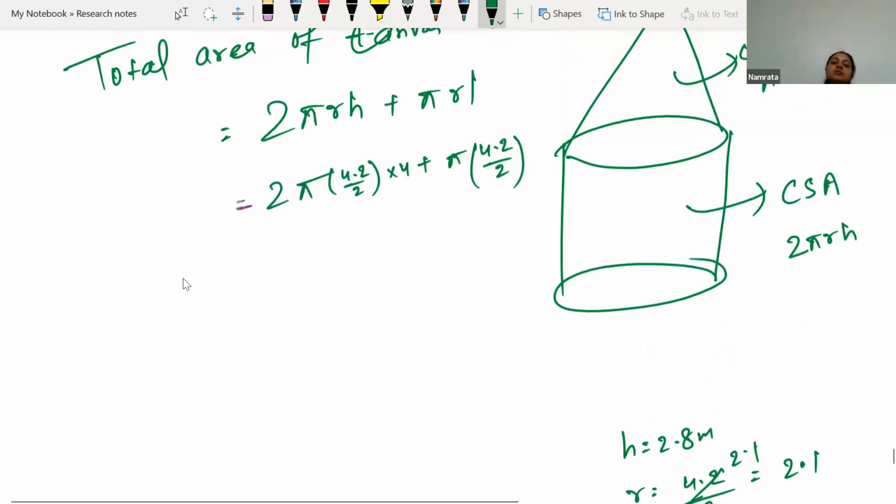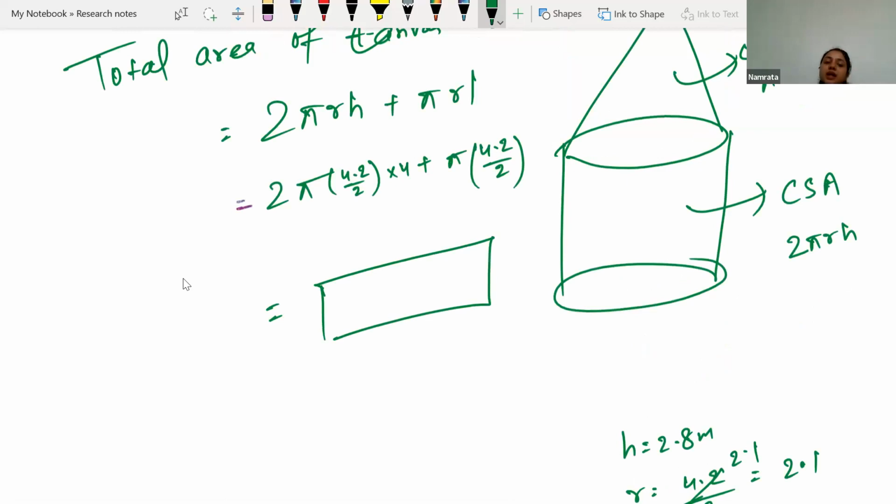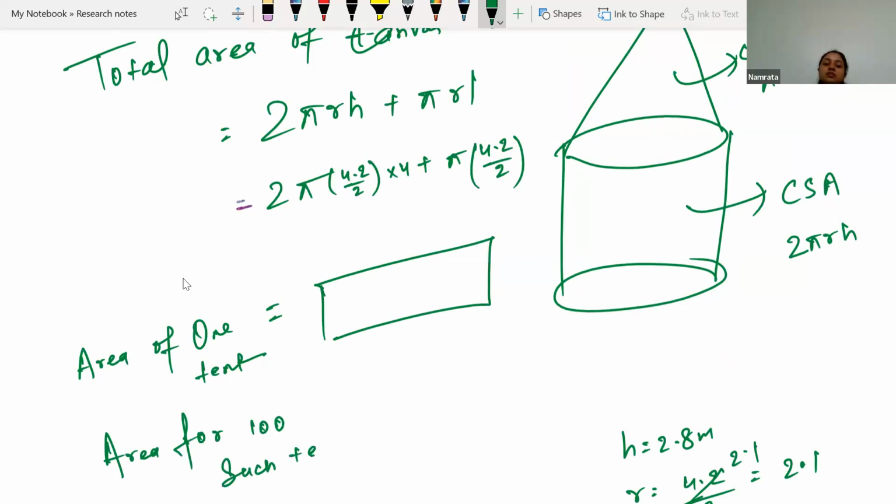Let me explain what you will be getting. Here you will get the area of one tent. Then you have to find the total area or total canvas required for 100 such tents. Whatever you have got over here, for 100 tents you definitely have to multiply that by 100.